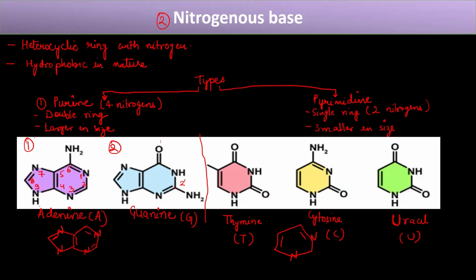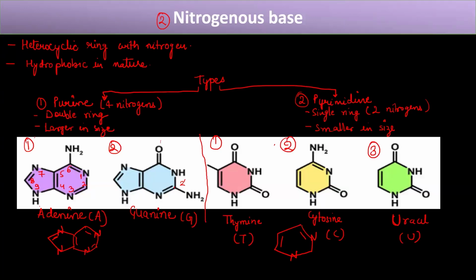The first one is purine, the second is pyrimidine. Again, purine is of two types, adenine and guanine, and pyrimidine is of three types: thymine, cytosine, and uracil.